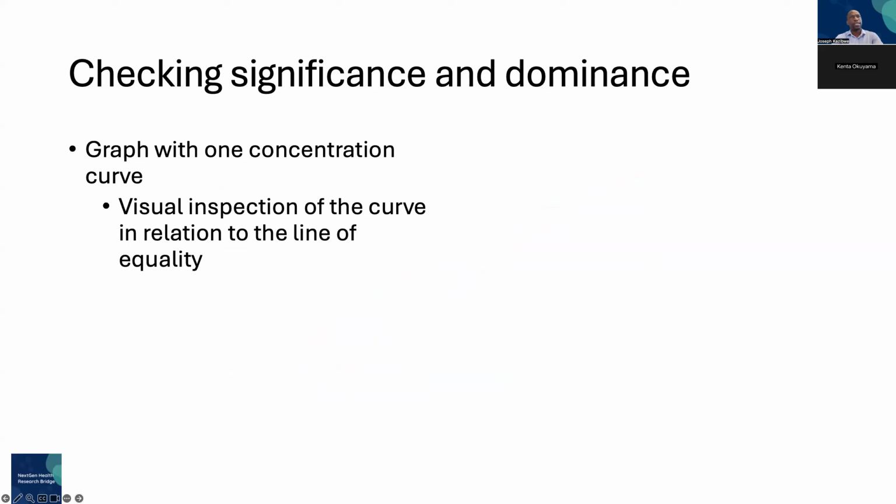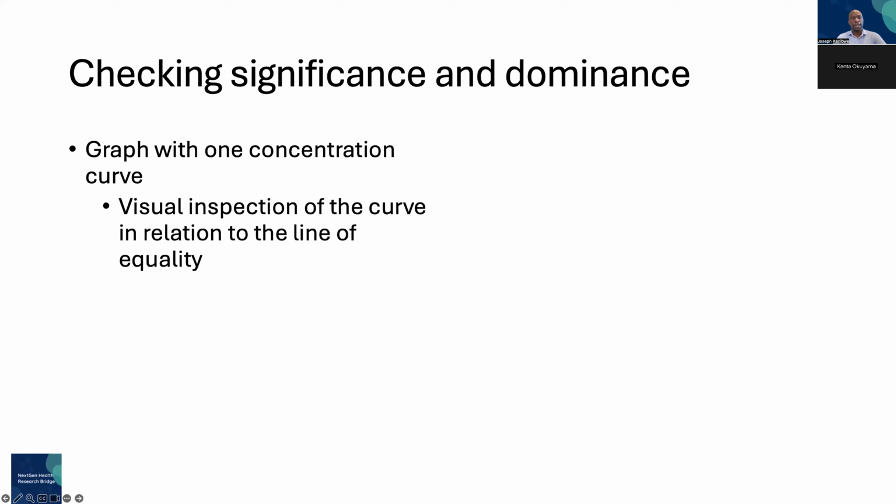So how do we check significance or dominancy of inequality using concentration curves? When you have developed a concentration curve, you can visually inspect the curve to check whether the inequality is significant or not.